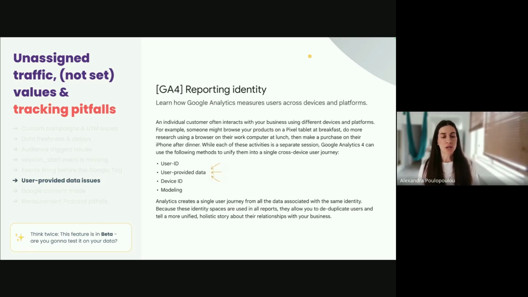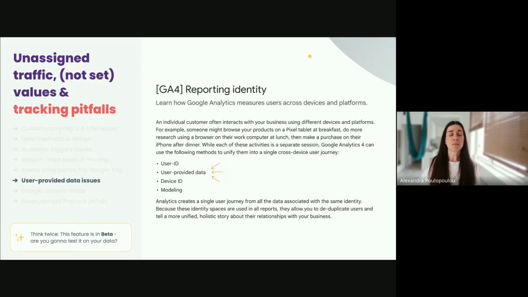Also here we have a priority. So GA4 starts with a user ID, which is usually a unique identifier for logged in users. And if it doesn't find it, it goes to the following signals. Usually we don't have user ID in the general navigation, so GA4 introduced user-provided data as a second priority identifier. User-provided data might be familiar from the enhanced conversion setup.